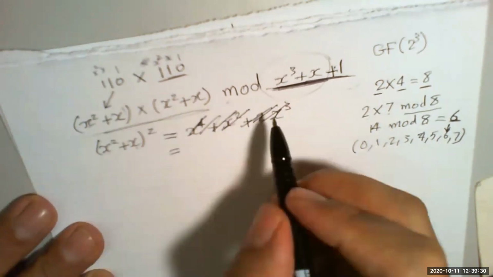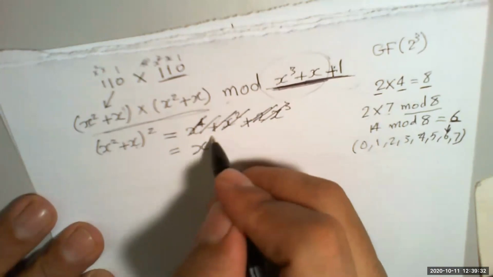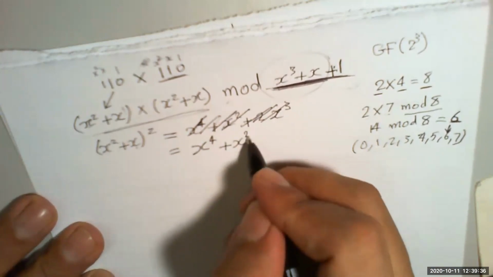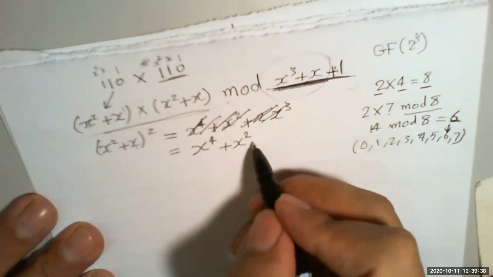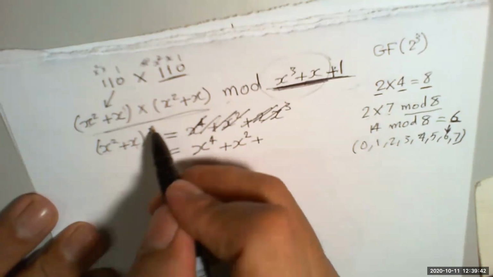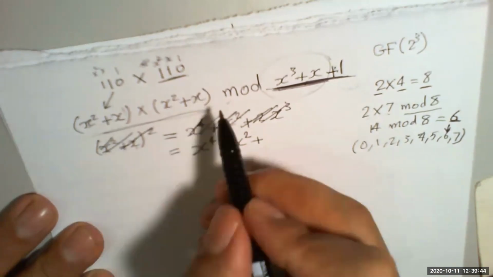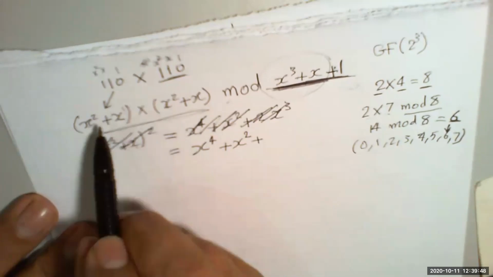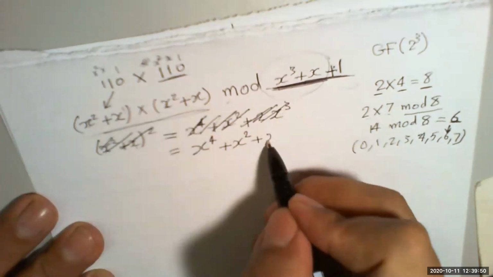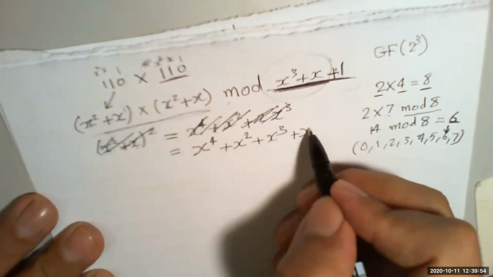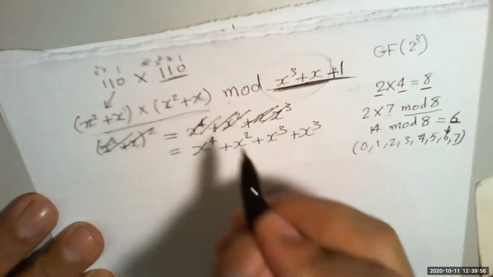Just because x to the power 4 is okay, x to the power 2 is okay, and remove that one, this is confusing. This is x to the power 4, and this is x cubed, and this is also x cubed, and this is x squared.